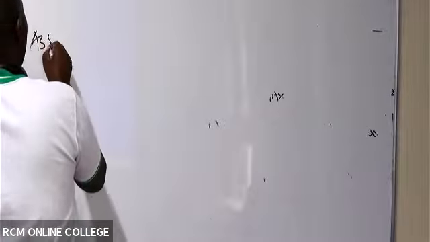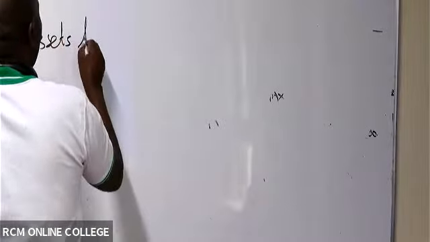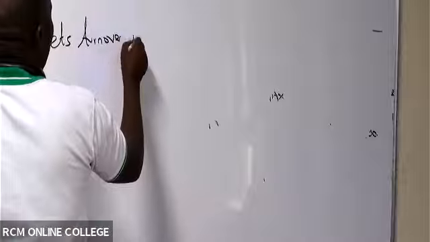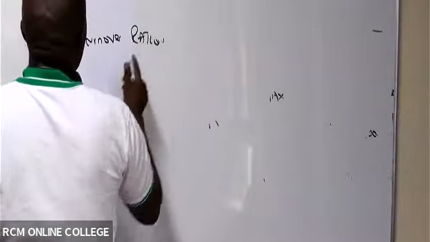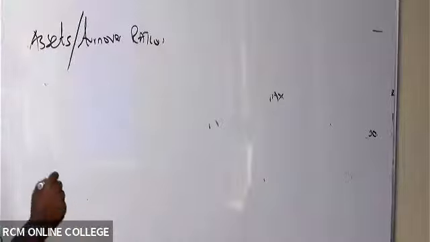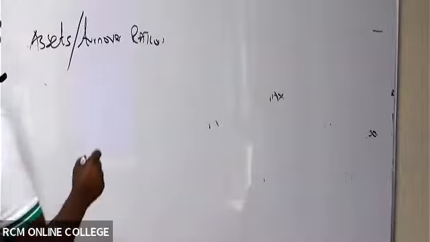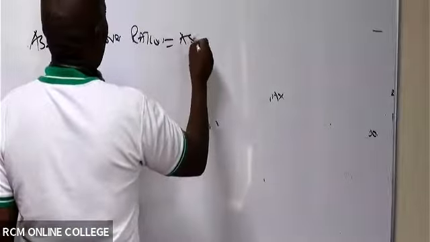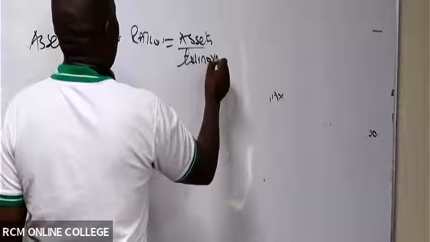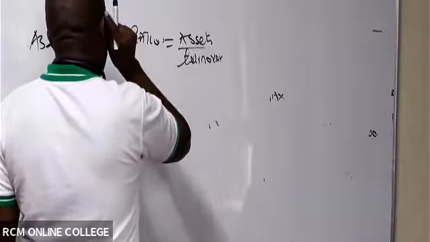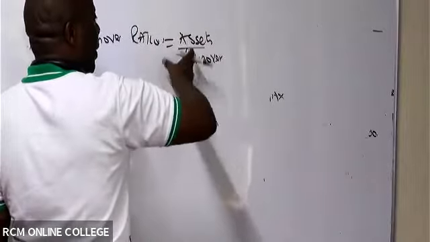So we have here assets turnover ratio. I remember what my teacher told me. Basically, this is supposed to be assets over turnover, but he told me something that I always remember to date. They want you to turn over this formula, so they want you to reciprocate.